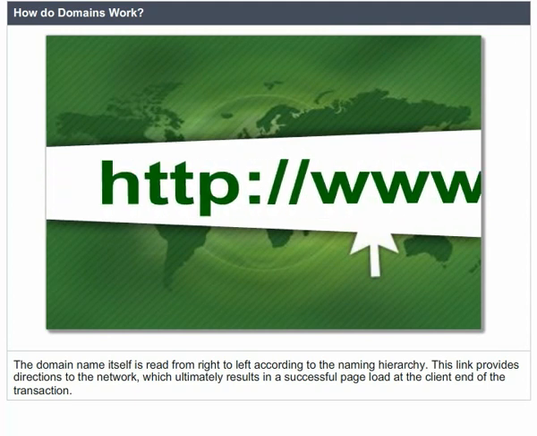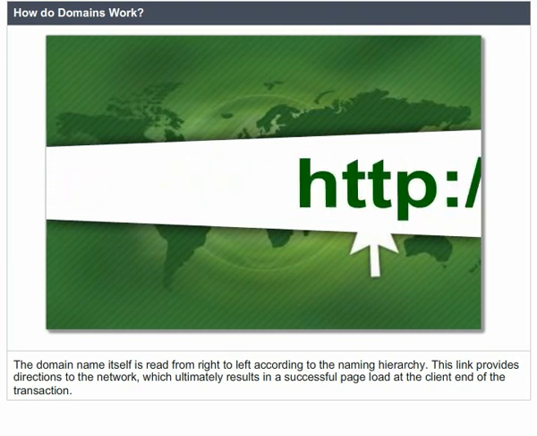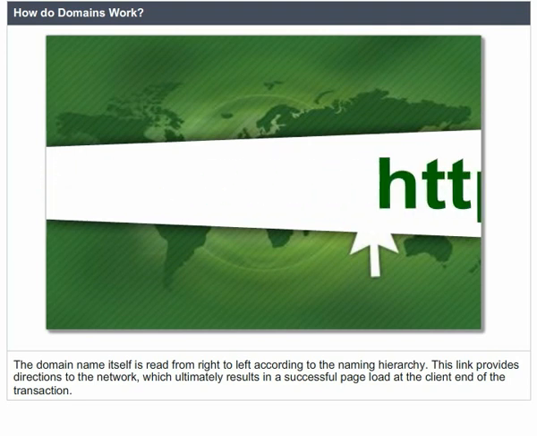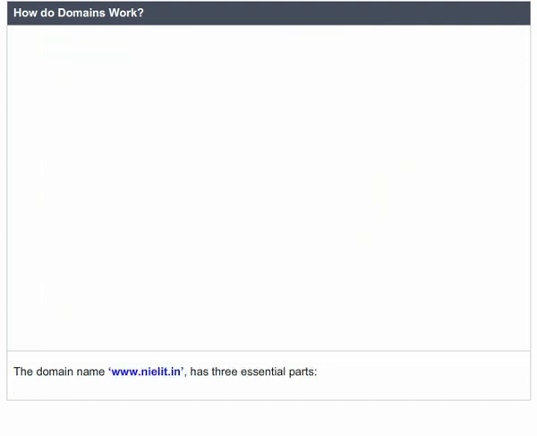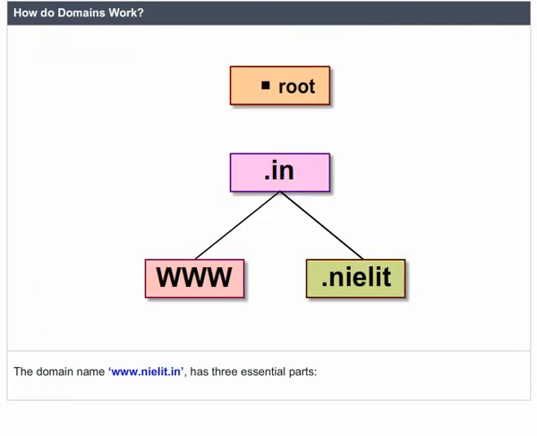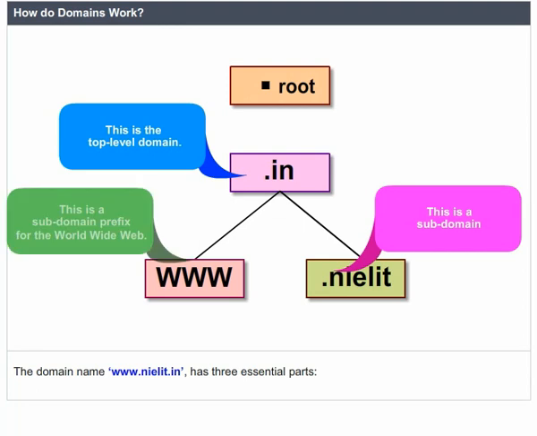This link provides directions to the network, which ultimately results in a successful page load at the client end of the transaction. The domain name www.nilets.in has three essential parts. .in. This is the top level domain. .nilets. This is a subdomain. www. This is a subdomain prefix for the World Wide Web.